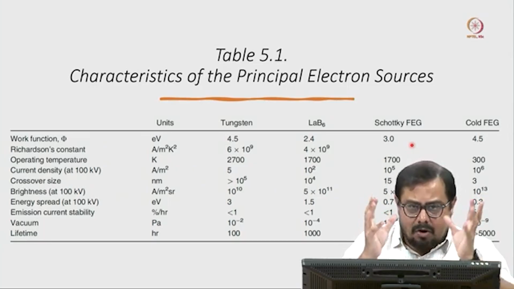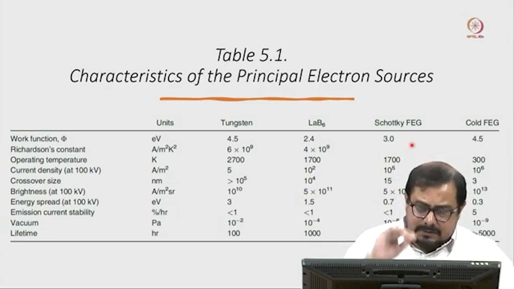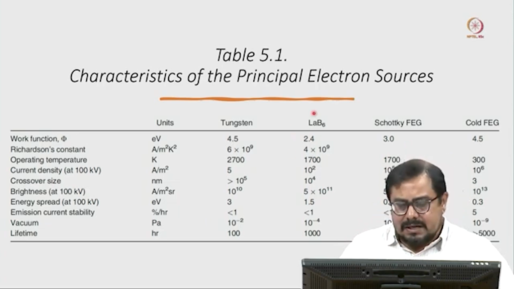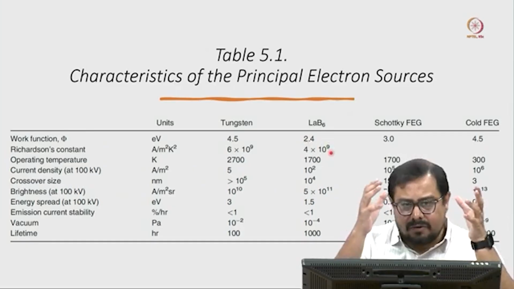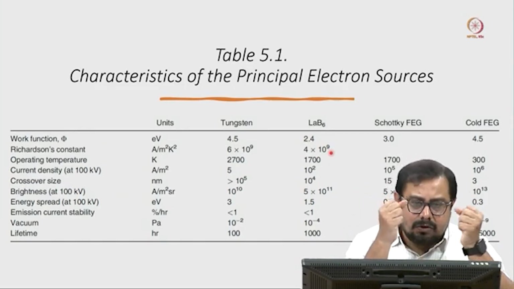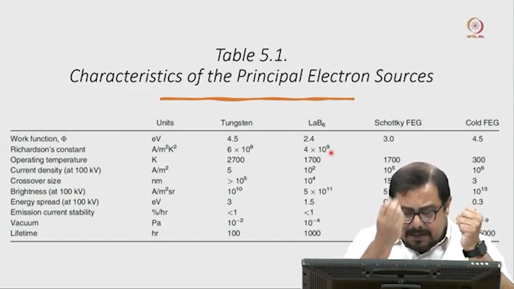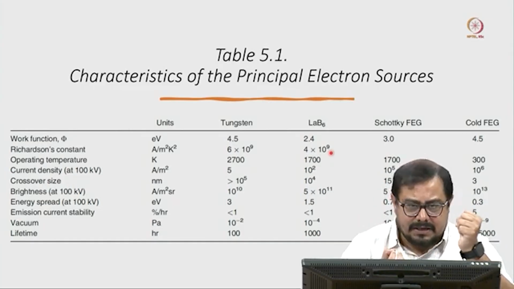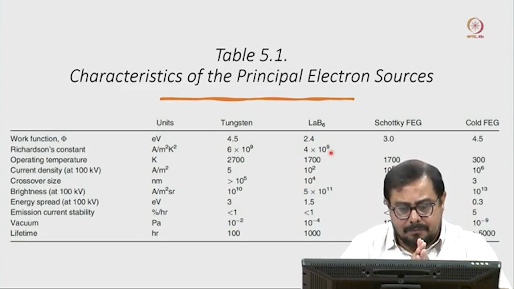It will be zirconium oxide. When it is coated with zirconium oxide, the work function is drastically reduced, and when the work function is drastically reduced, it will really help to extract the electron from the filament tip and get a much more coherent electron beam.